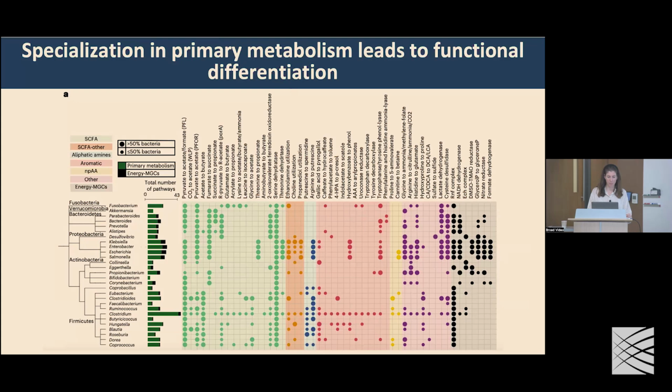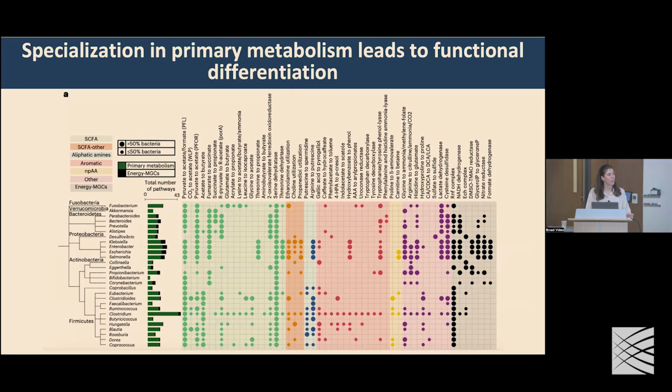So here, sorry, I lost my pointer. Here are the different pathways that we have. And here are the different bacteria, the main bacteria that we could find in this reference collection. Here is the total number of pathways, and each dot represents the percentage of the bacteria that encode this specific pathway.